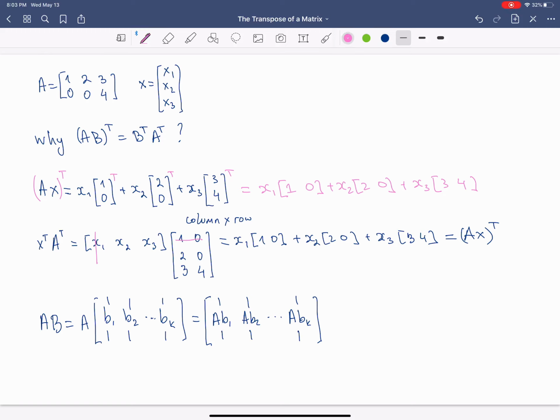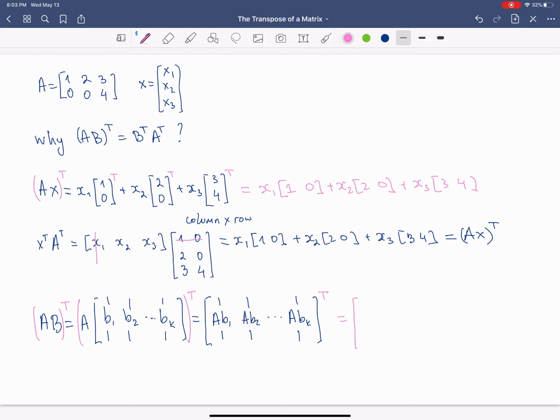Now, when I transpose this expression, (AB) transpose, I'm transposing this last matrix, which forces me to write the columns as rows, because that is the definition of a transpose.